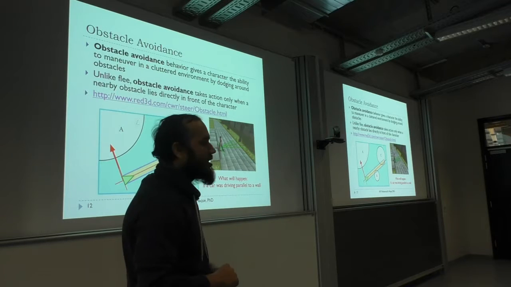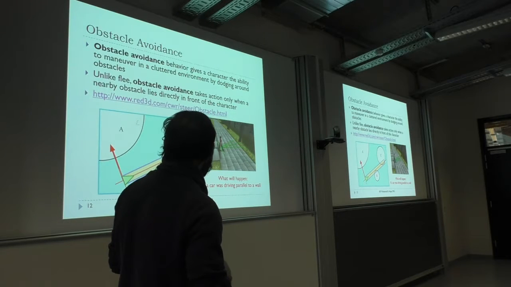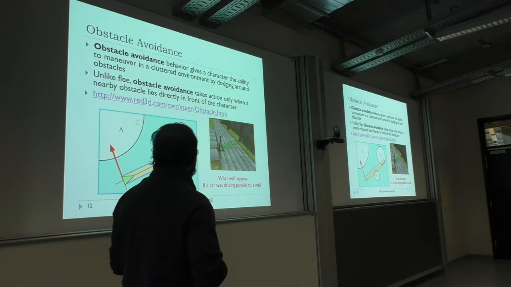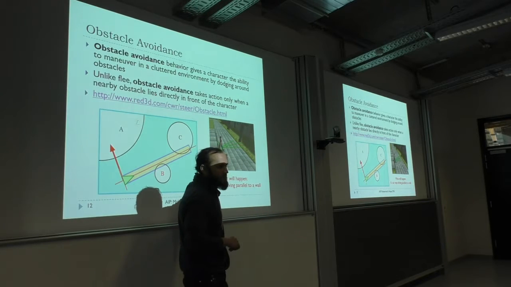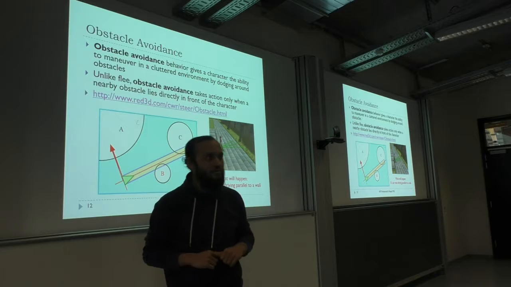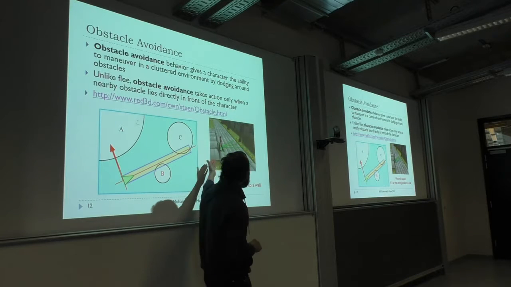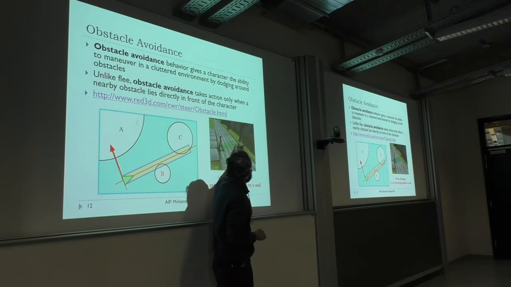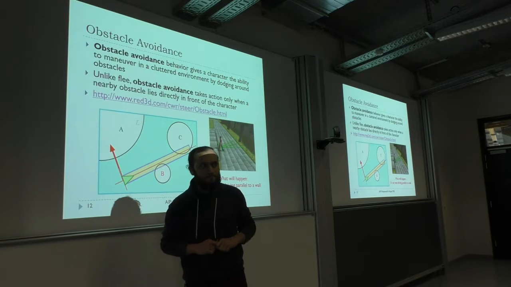So now obstacle avoidance. Just see, I don't know what game this is. Maybe some of you know. So this guy is walking, but there is an obstacle here. If he goes in this direction, he will be stopped by the tree. If he goes this direction, he will be stopped by the wall, something like this.